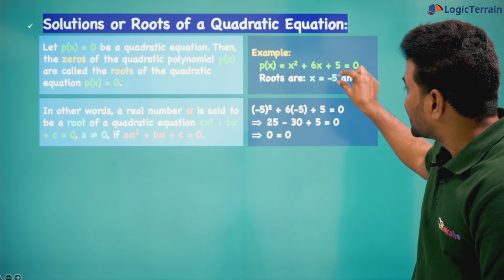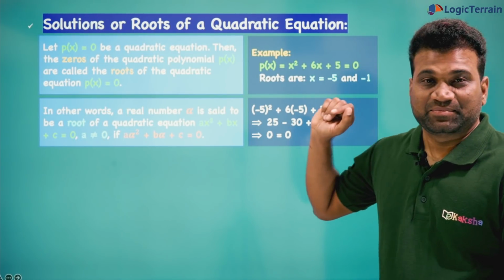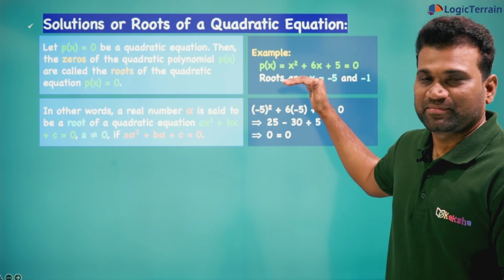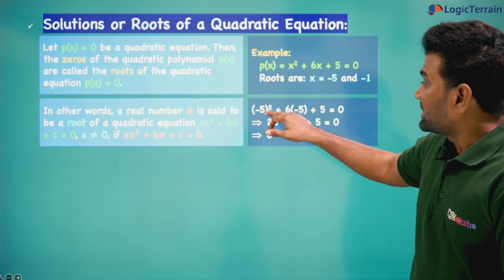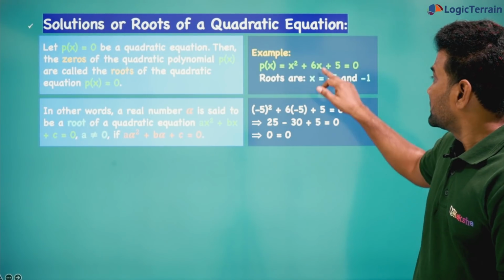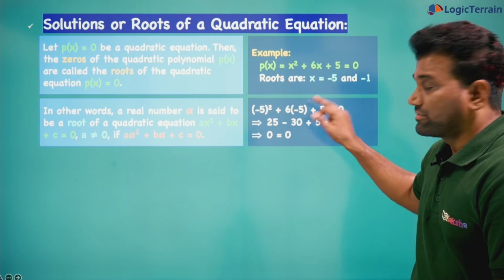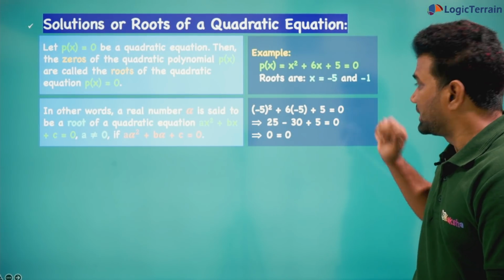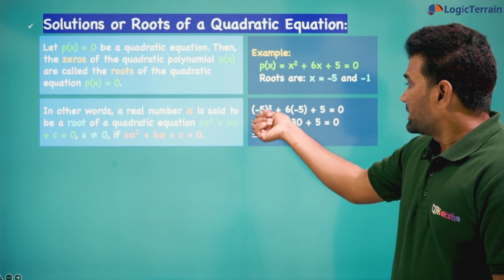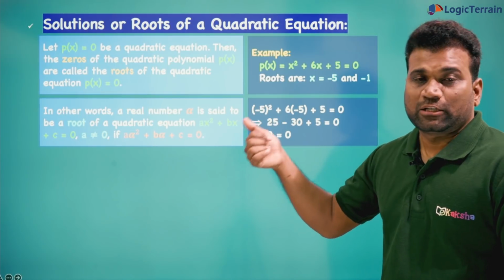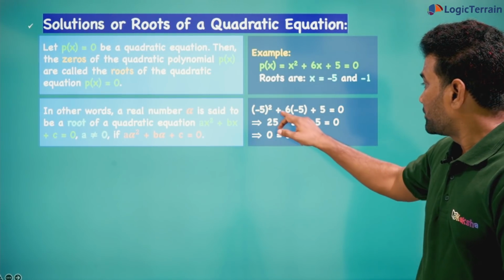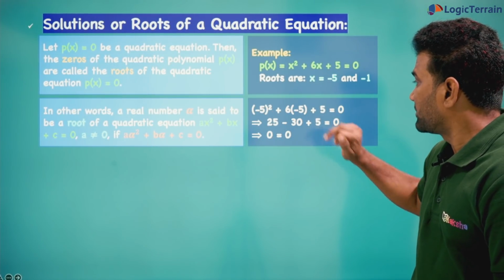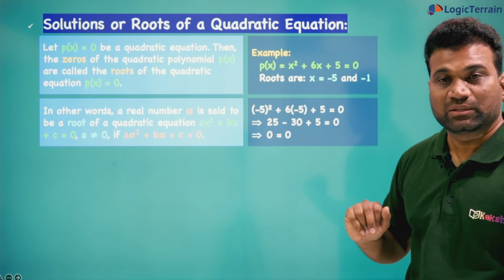On replacing -5 as x in this quadratic equation, x square, that is (-5) square plus 6 times -5 plus 5 is equal to 0. So on squaring, negative square, negative into negative positive, 5 square 25, positive into negative negative, 6 times 5 is 30, plus 5 is equal to 0.